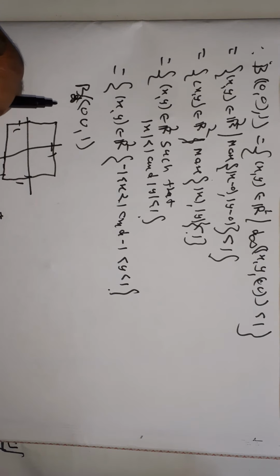is the open square having center at 0, 0 and side length 1.